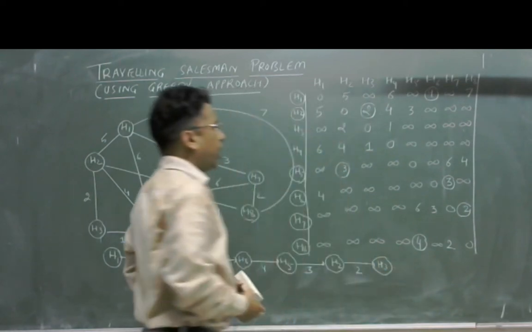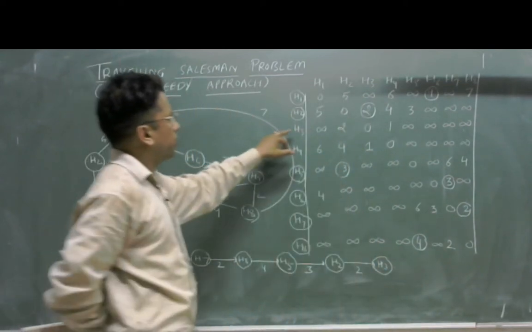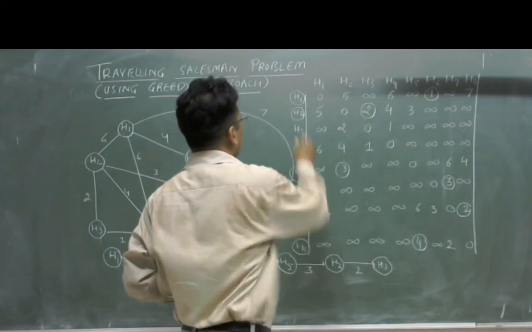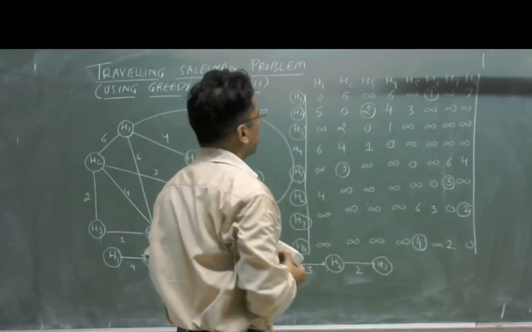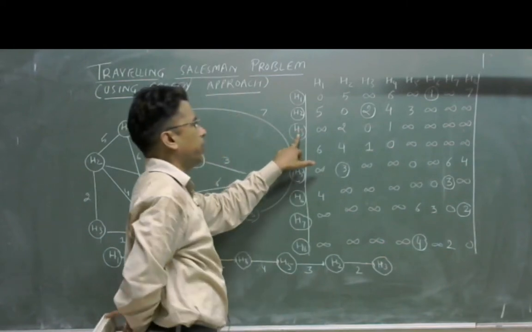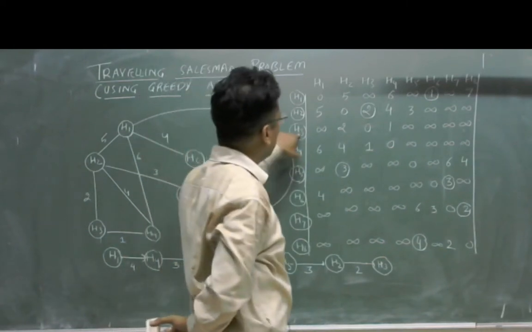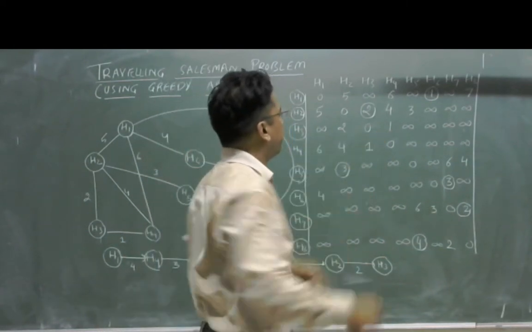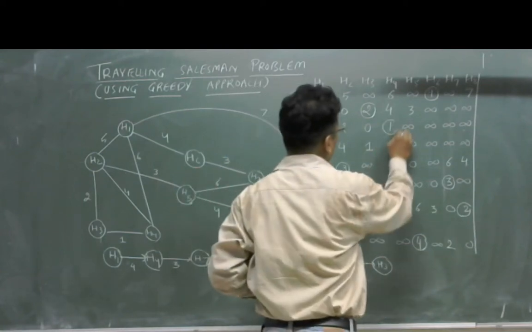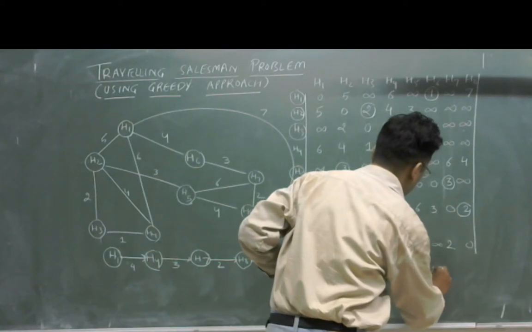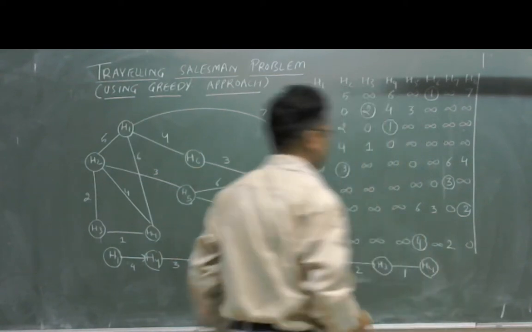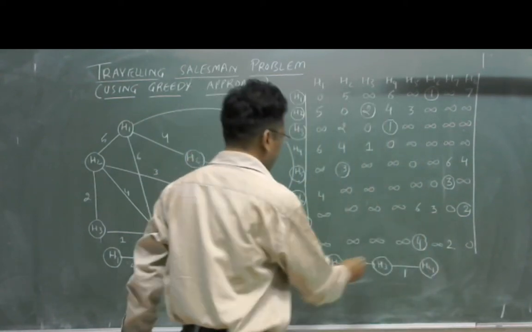Right? After this, through H3, we shall find the closest node that has not been covered. So the next node, H4, is the minimum one. So we shall select it at distance 1. The next node is H4. Right?